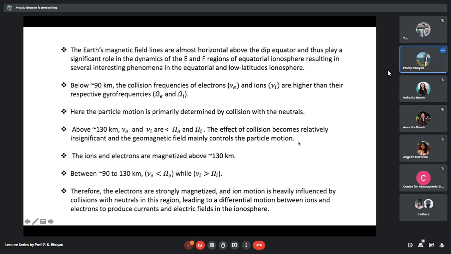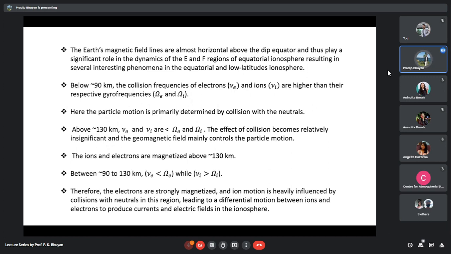Okay? So just look at the difference between 90 kilometer and 130 kilometer. At 90 kilometer or below 90 kilometer, the particle motion of electrons and ions is governed by their collision with neutrals.